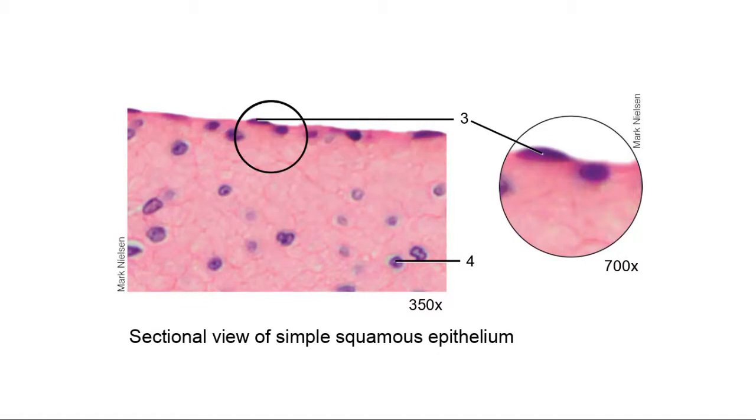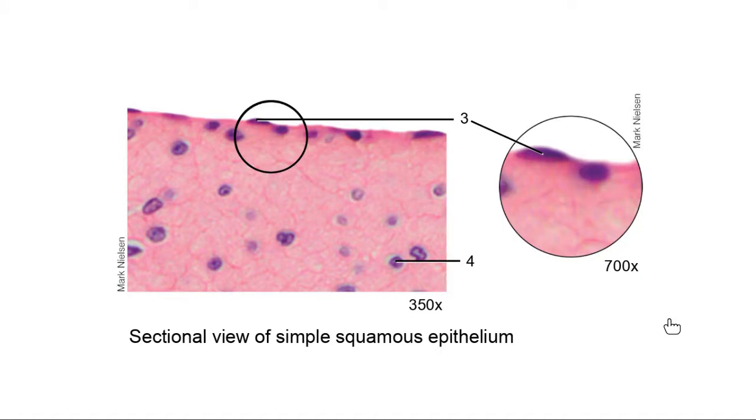This is the real picture of the simple squamous epithelium. As you see here, we only have one layer of the cells and our cells are flat. This is simple squamous epithelium. And number 4 here in this picture wants to show you the nucleus of the cell in the connective tissue.